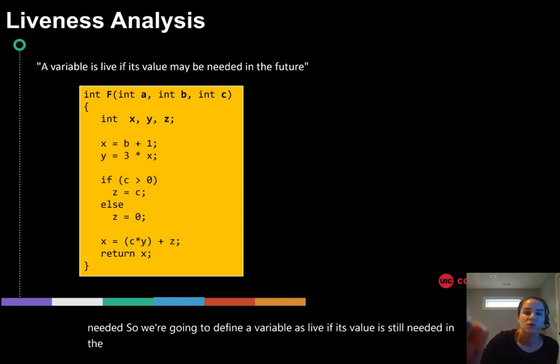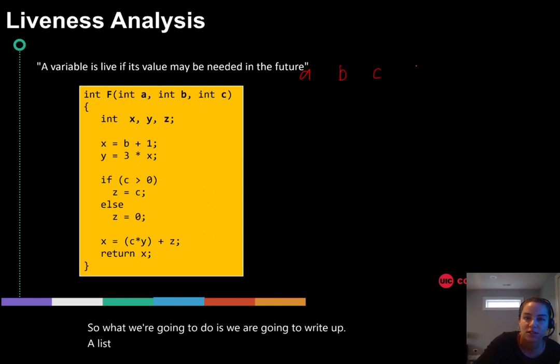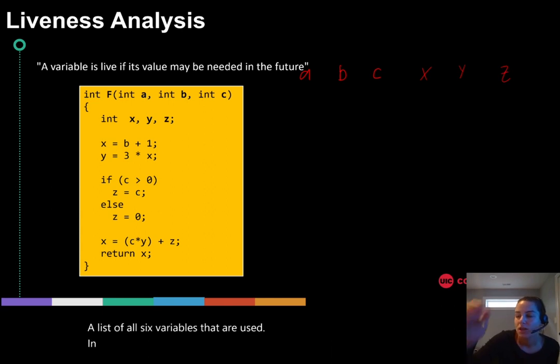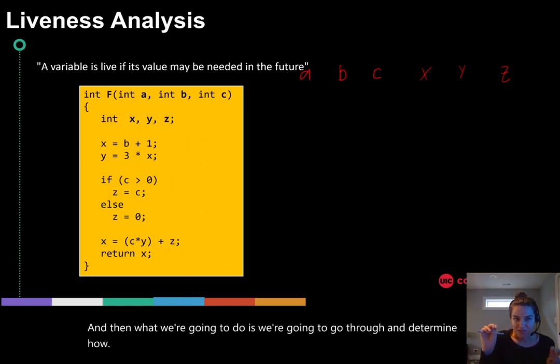So what we are going to do is write up a list of all 6 variables that are used in this function, and then go through and determine how long they are live.